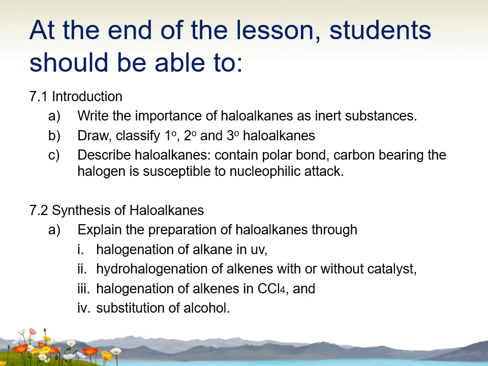We need to describe that haloalkane contains polar bonds, so it is susceptible. It can be attacked nucleophilically. Then we want to learn the reactions to synthesize haloalkanes via 4 reactions.